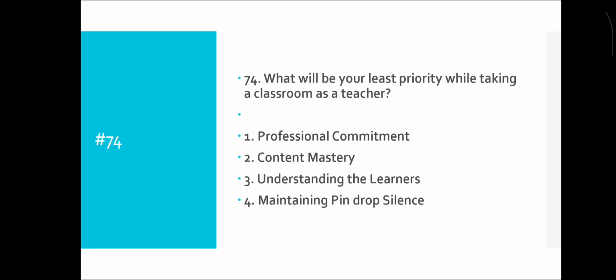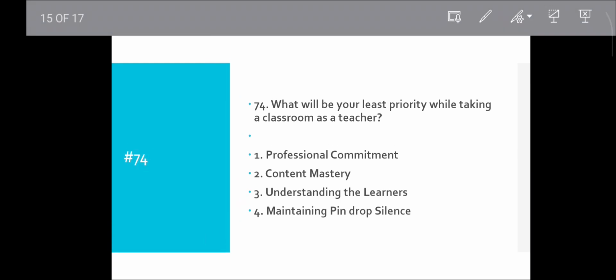Then 74. What will be your least priority while taking a classroom as a teacher? Professional commitment, content mastery, understanding the learners, maintaining pin drop silence. Which will be correct? For good teaching, focus on commitment, content mastery, understanding the learner.